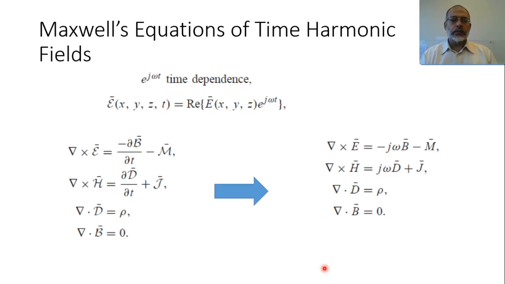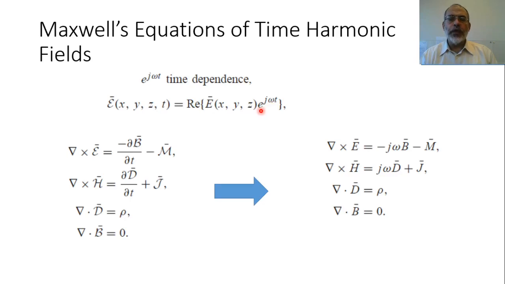Now, if you are going to represent the electric field and magnetic field in their phasor form, with the time dependence replaced by e to the power j omega t, we can apply this phasor representation to Maxwell's equations as follows. Here, the phasor quantity doesn't depend on time, so it is constant with respect to time. The time dependence is e to the power j omega t.